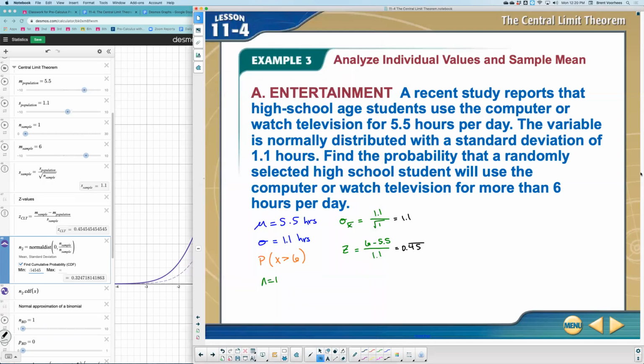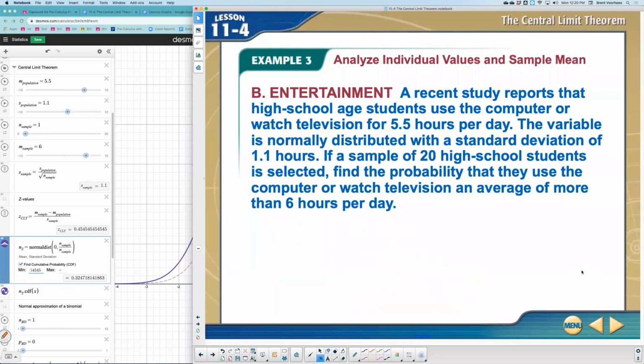So the probability that a randomly selected student watches more than 6 hours is approximately 32.47%. And that's using the central limit theorem.